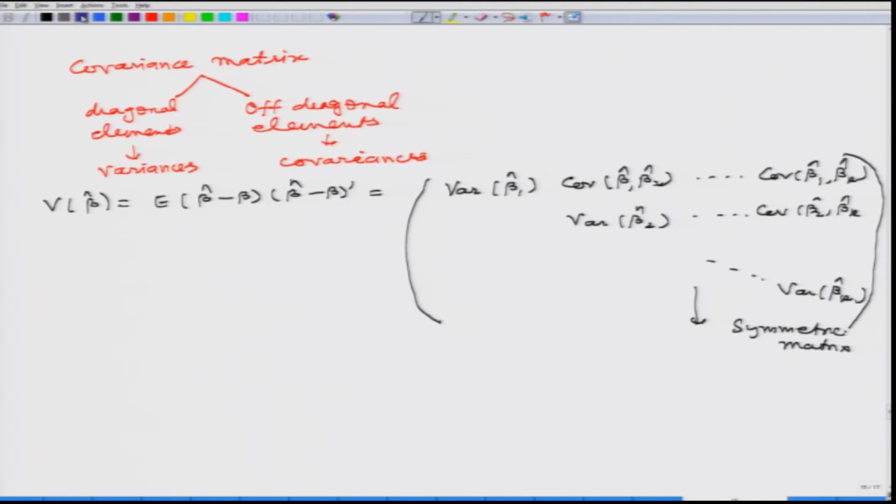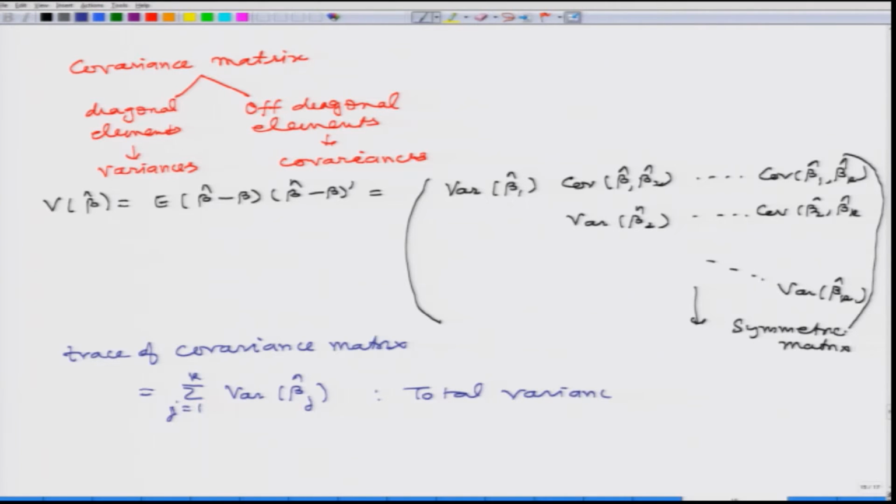And there is another concept here: the trace of the covariance matrix is the sum over j from 1 to k of variance of beta j hat. This gives us an idea of the total variance. So, this is how we try to interpret the covariance matrix.